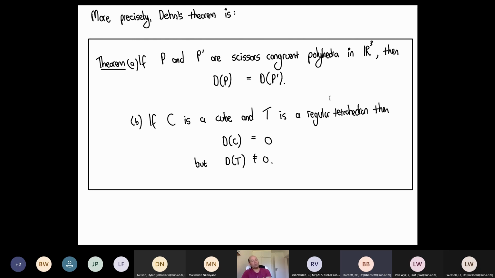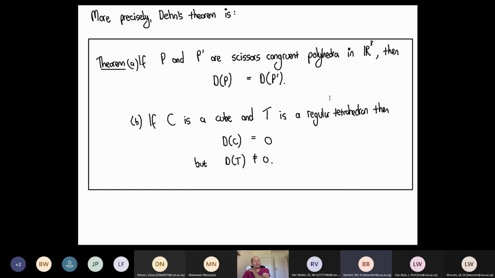Just like the volume, right? If P is scissors congruent to P prime, then the volume of P is equal to the volume of P prime, by the same argument as before, because you're just chopping it up into finitely many pieces, and volume is additive. Okay, so we've now found another invariant besides the volume. We found a Dehn invariant, a more subtle invariant.